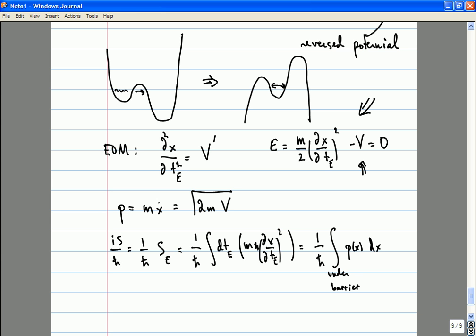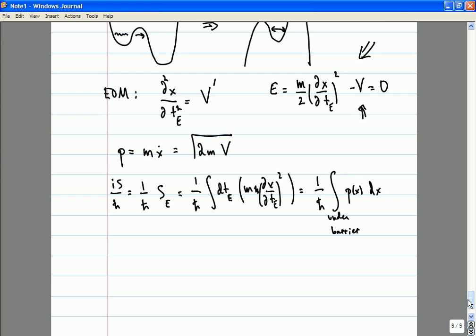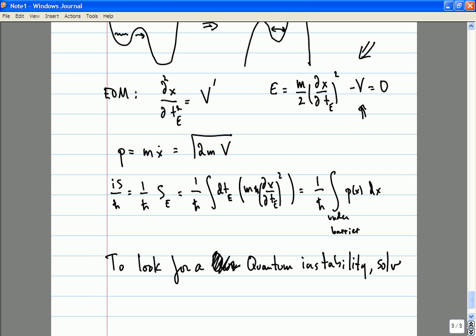So what does all of this mean? This means that if you want to look for a quantum instability of a system, what we need to do is find solutions to the classical equations of motion with purely imaginary time.